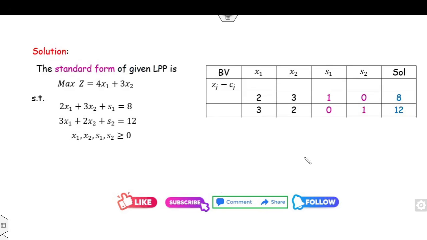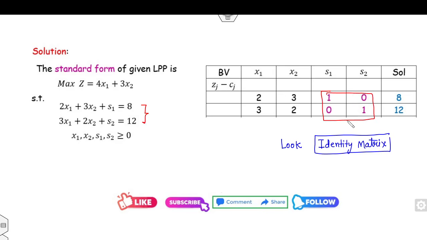Now, once you have entered all those values, look at these values and try to find the identity matrix and its elements. So can you find the identity matrix? There are 2 constraints, so you can see this is my identity matrix.